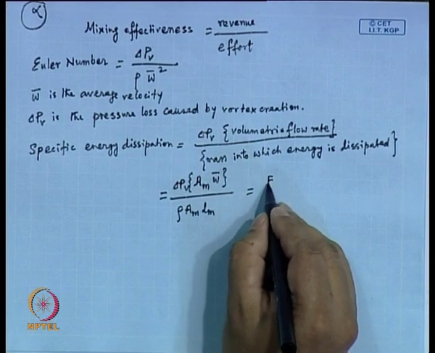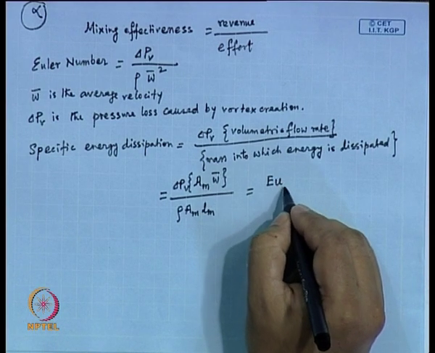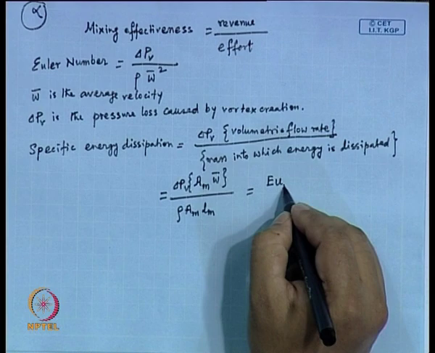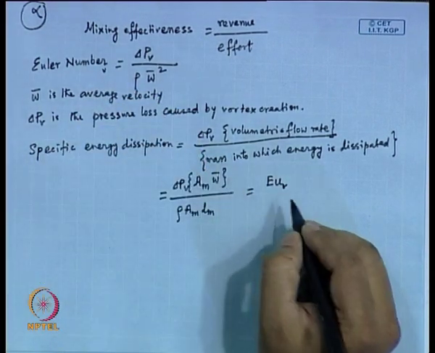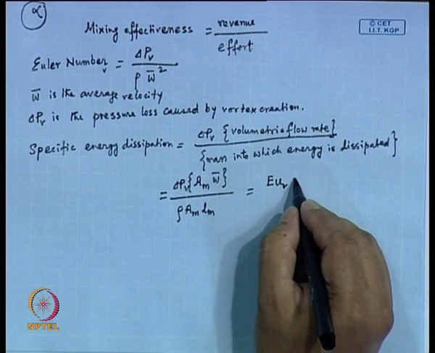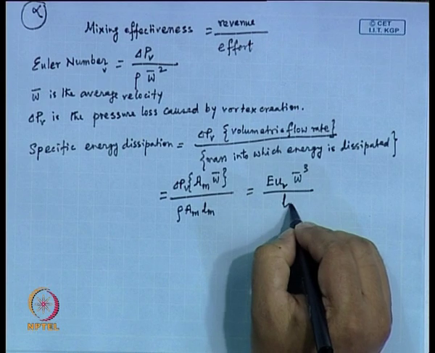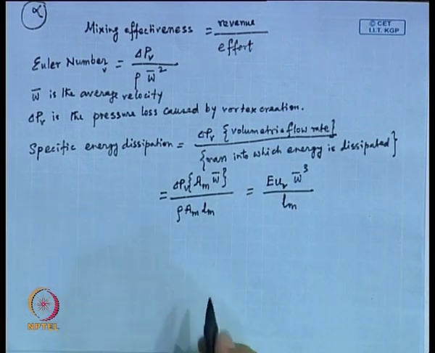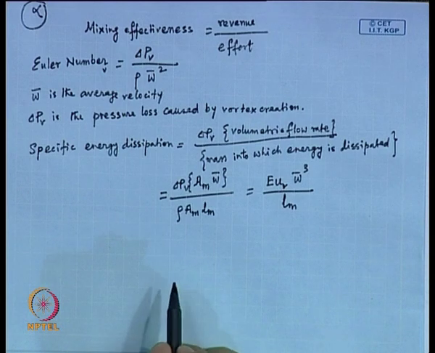This comes to be equal to E u v, the Euler number associated with the vortex, times w bar cube divided by L m. This is the specific energy dissipation, the amount of energy that is getting dissipated in this context.